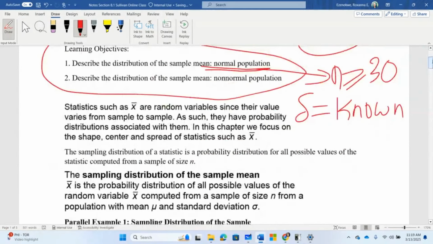And it's going to be from a simple random sample, an equally likely, unbiased sample. So we're going to say it is a simple random sample.